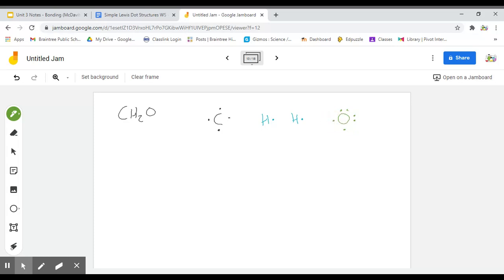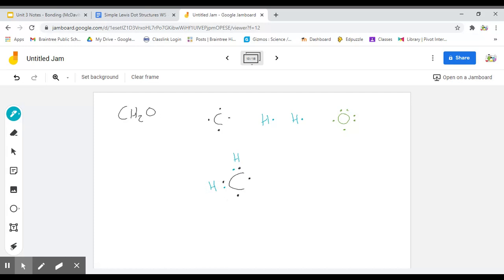If you just look, we know that carbon goes in the middle, so we'll start with that. And I know that hydrogen always goes on the outside, so I'll stick my hydrogens on the outside. Well, I only have 2 of them, so I can only put them in 2 locations.